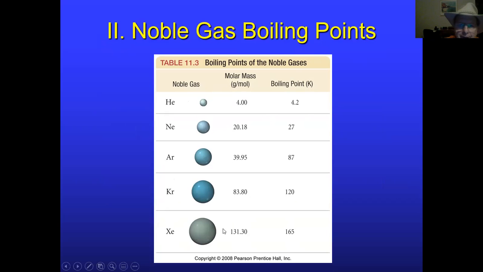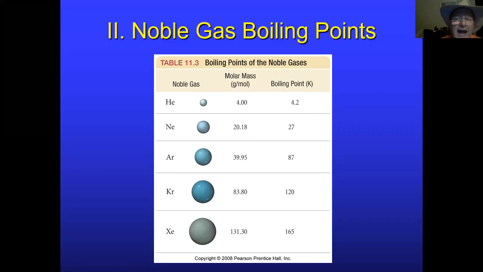Because xenon has many more electrons than helium does, xenon is going to have the larger dispersion forces. Larger dispersion forces mean you need to put more energy in order to get it to boil. Helium will boil at 4.2 Kelvin. It takes 40 times that amount of energy to boil xenon.